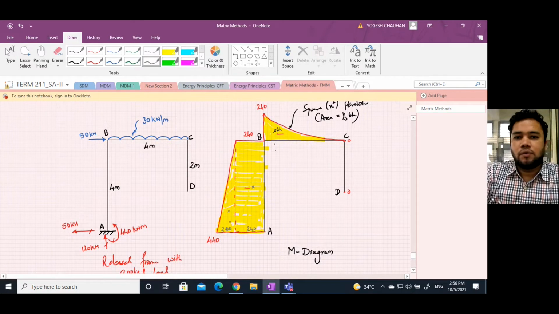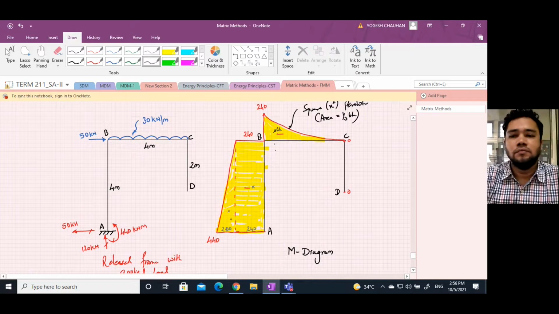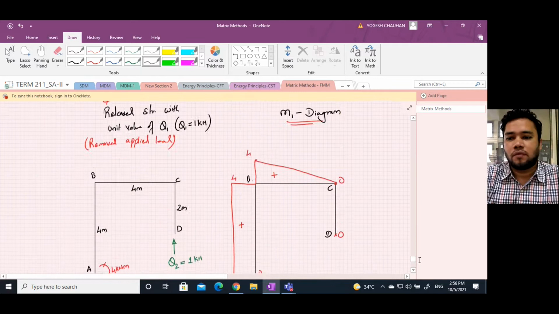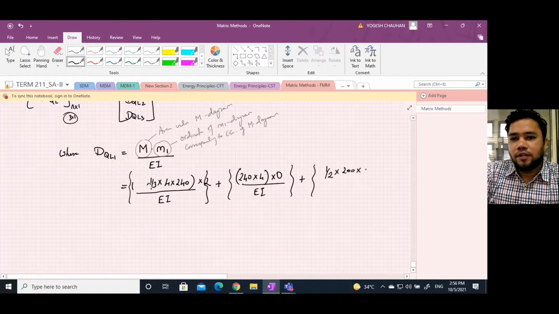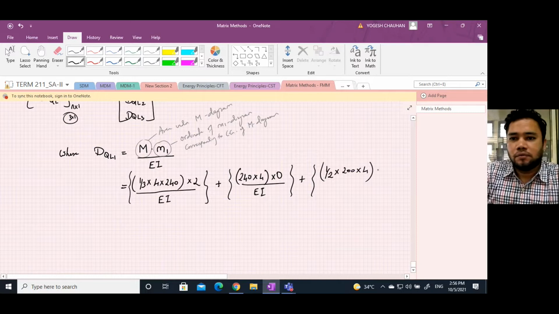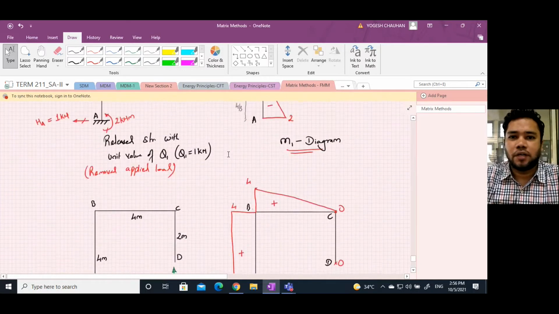So it will be 1 by 2 base, that is 200, height 4 meter. This is multiplied by the corresponding ordinate in M1 diagram.